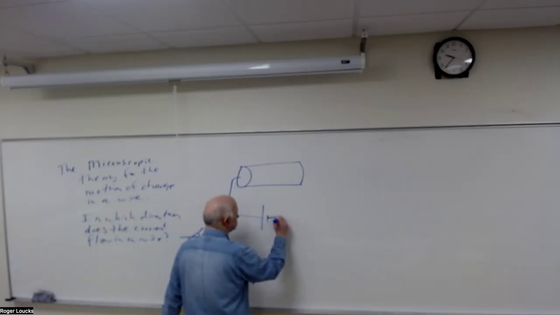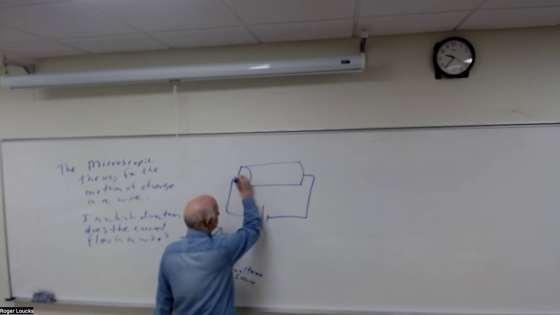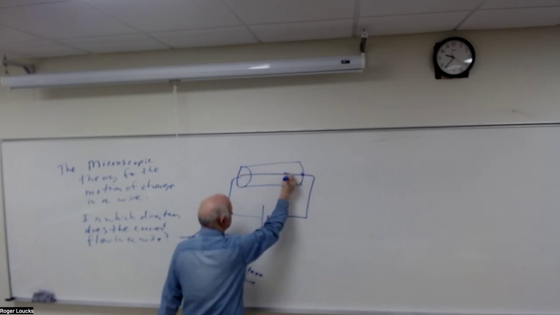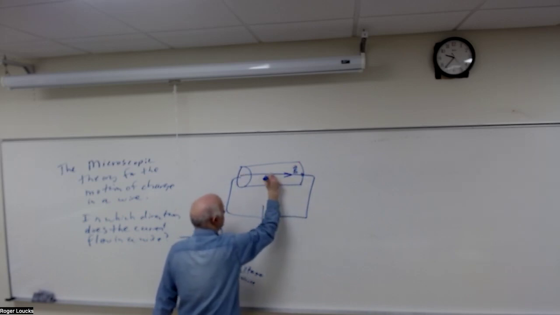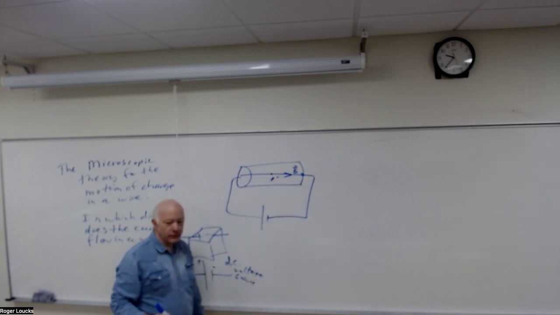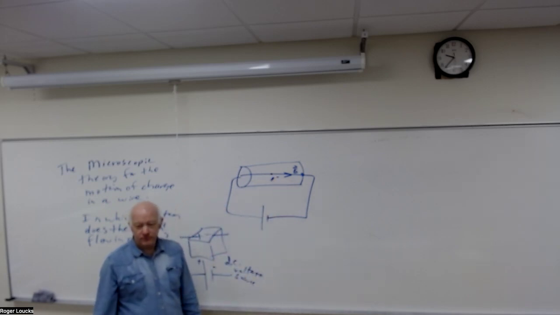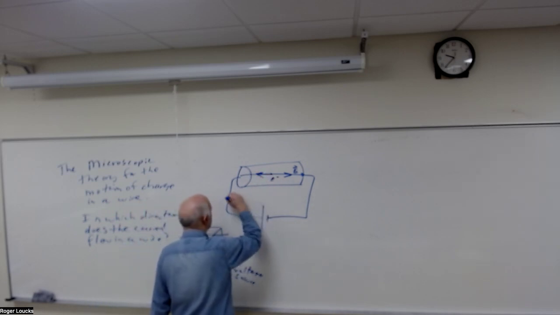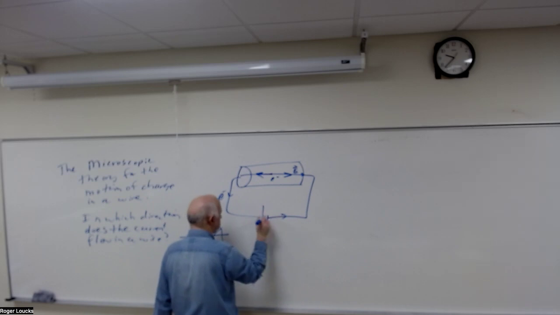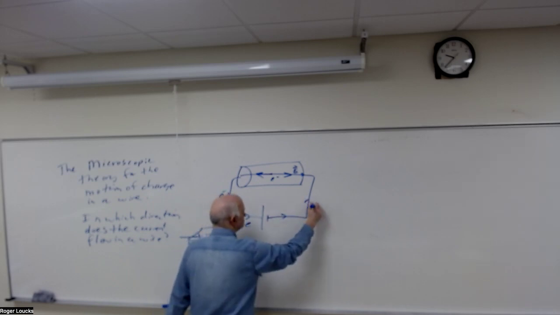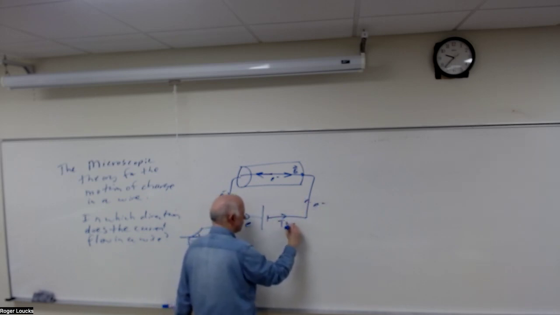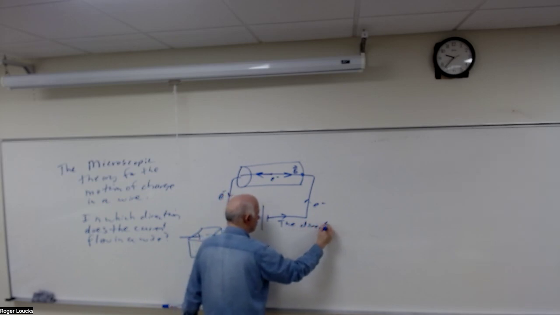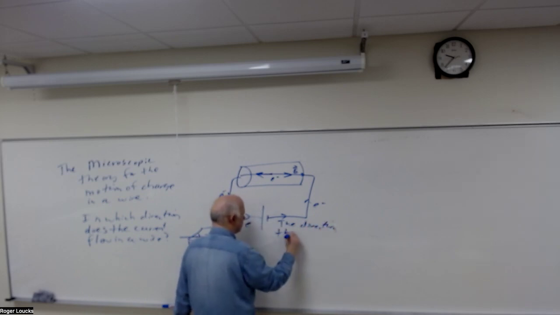So we do this. Our electric field is going this way. If you're a little electron, which way do we say you move? It's going to go with the positive, so the electron moves this way. So this is the direction that the electrons move.